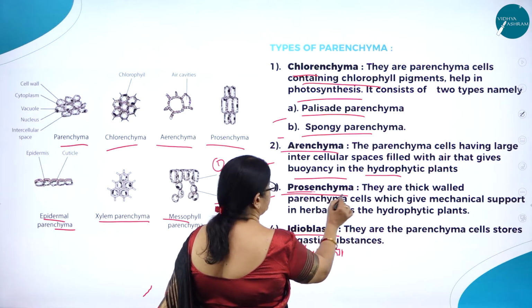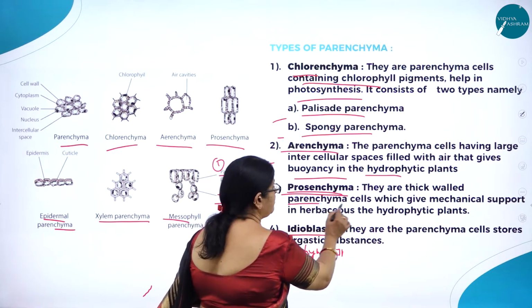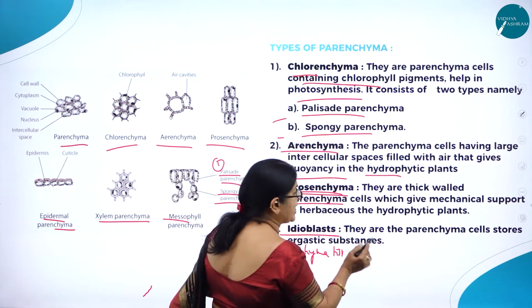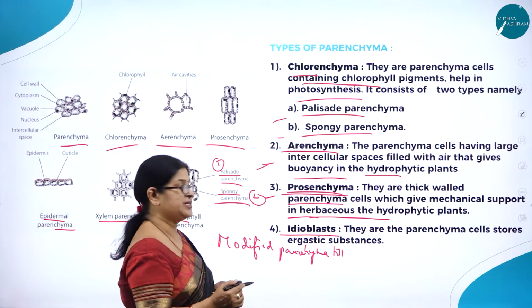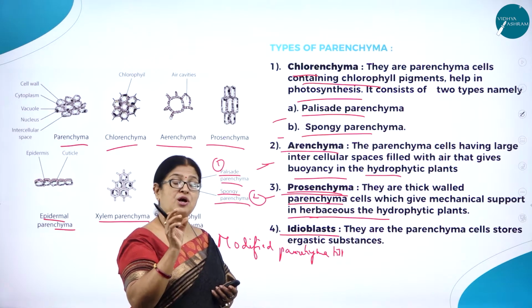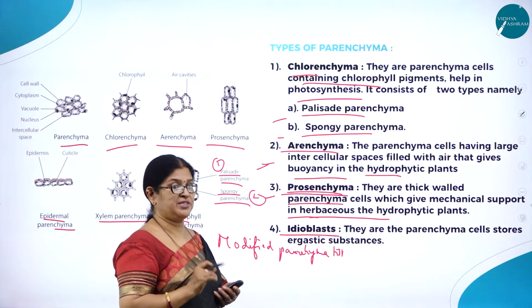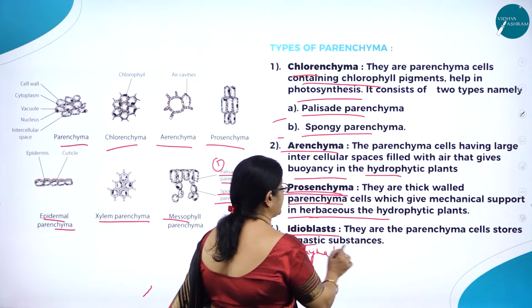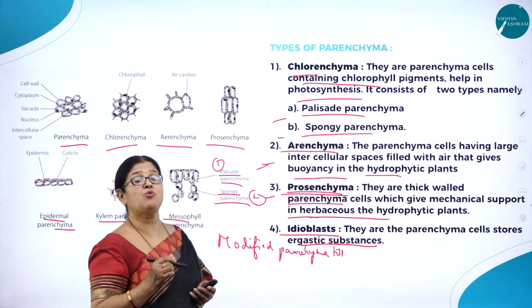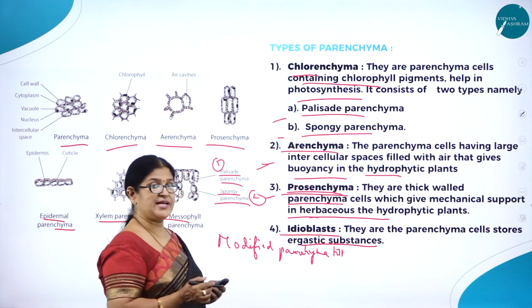Next, the third type is prosenchyma. They are thick-walled parenchyma cells which give mechanical support in herbaceous plants. Herbaceous means soft-stemmed plants. Next, idioblasts. They are the parenchyma cells which store ergastic substances. Unwanted substances are called ergastic substances.